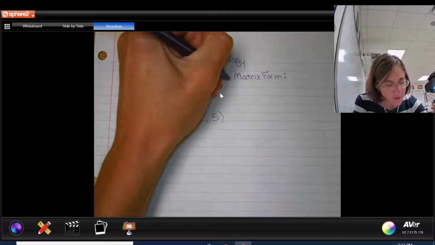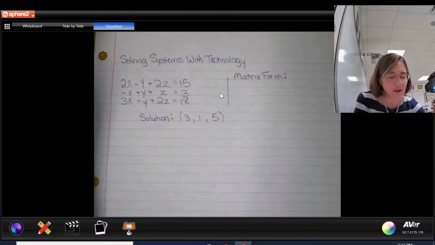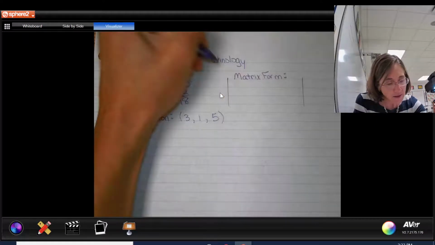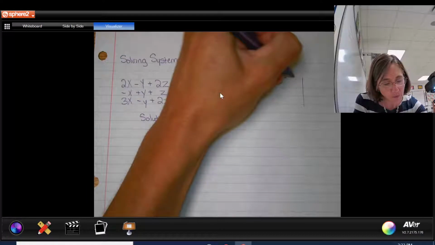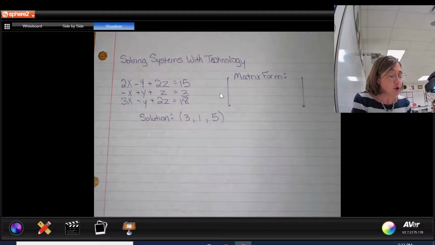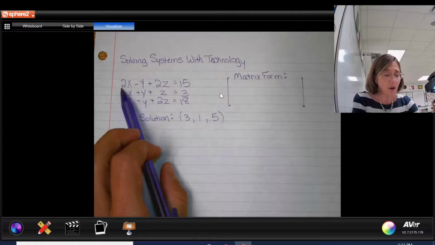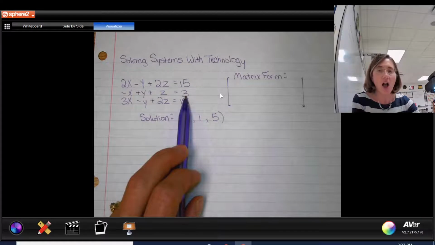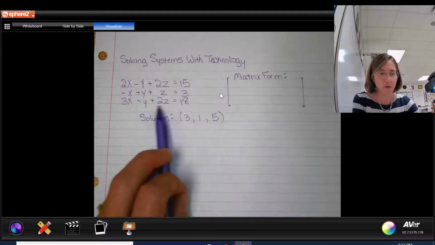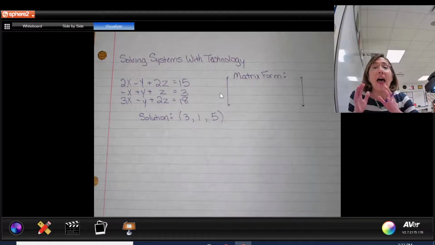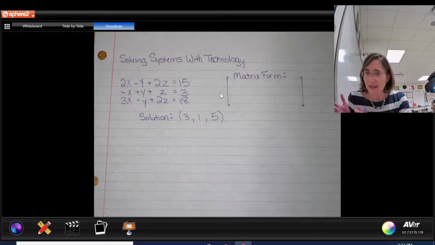So matrices, the plural of matrix is matrices. They are written inside little box things here. So what we're going to do is we are going to agree to keep these equations always in standard form. So we're always going to go x and then y and then z and then the answer.